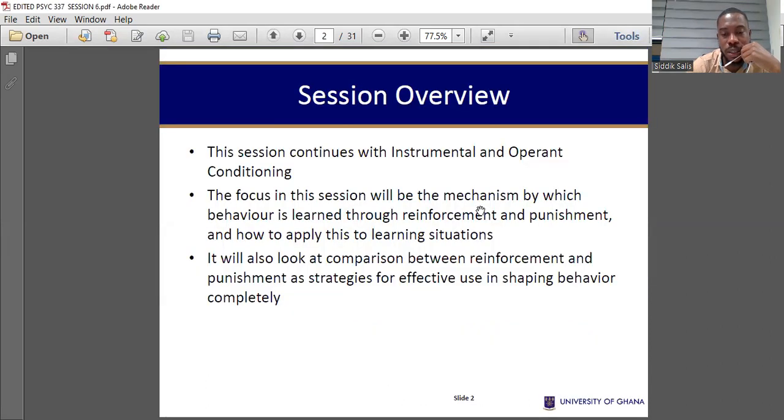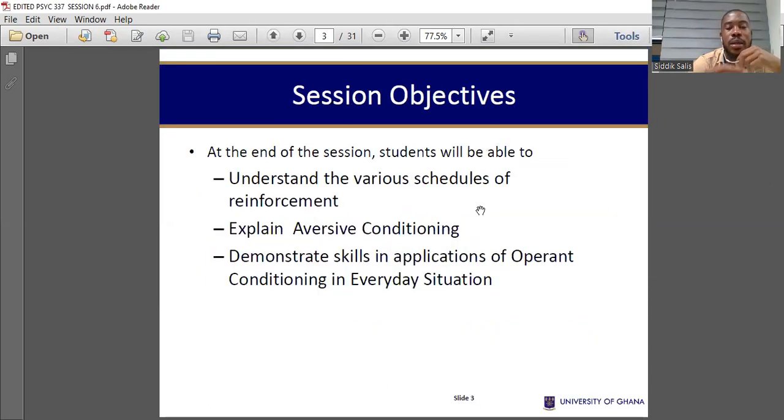What are we expecting in this session? We are expecting to go through the various schedules of reinforcement: continuous schedules and partial schedules. Under partial, we have different types.